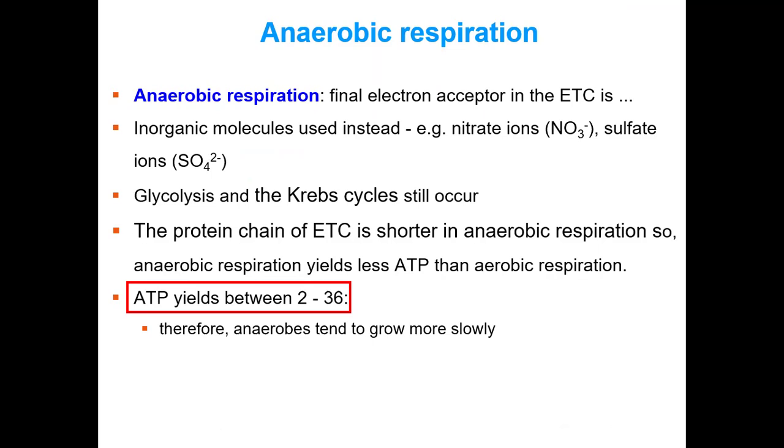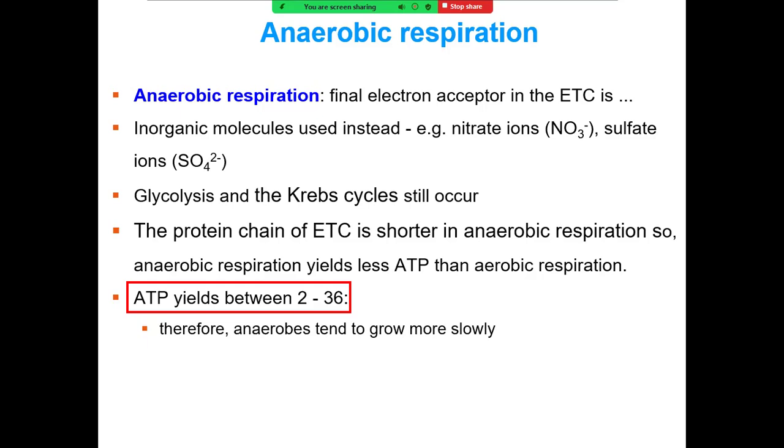It's an inorganic molecule, and it will differ depending on which form of anaerobic respiration we're talking about. Sometimes it can be nitrate ions, other times nitrite ions, sometimes sulfate ions, and sometimes ions of iron.